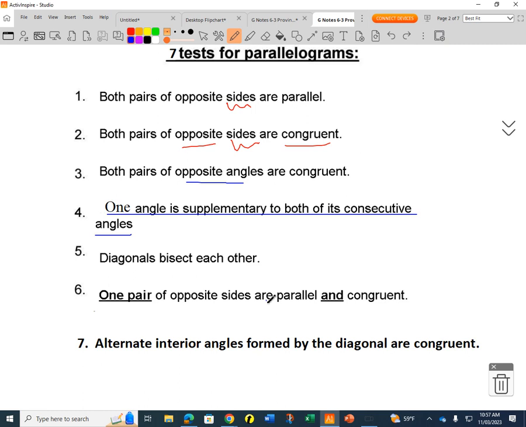I can say yes, it is a parallelogram. If they mark both pairs of opposite sides congruent, I can say yes, it is a parallelogram. If they have a mark that the diagonals bisect each other, I can say yes, it is a parallelogram. I do not have to have all of these marked on the diagram. Now, once they have both sides marked parallel and I say yes, it's a parallelogram, then I should understand that all of these things are true whether they're marked or not.